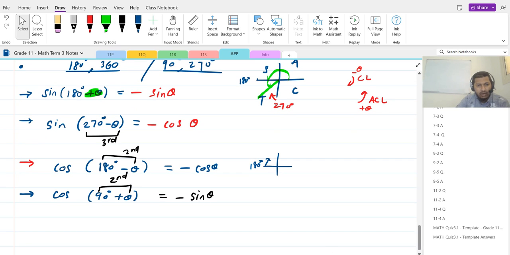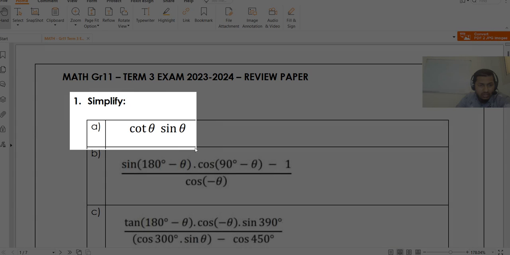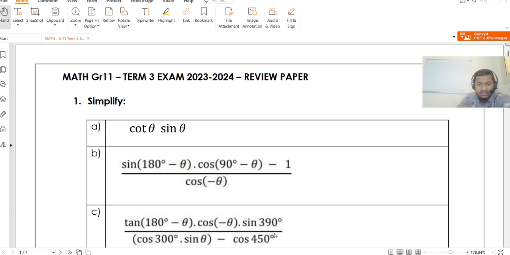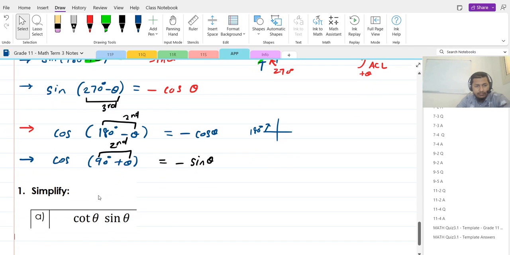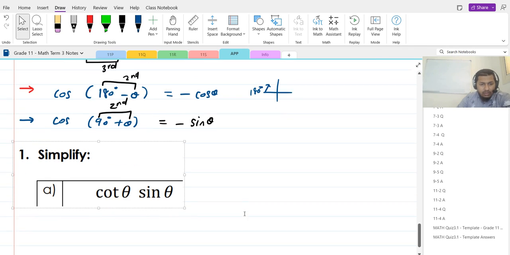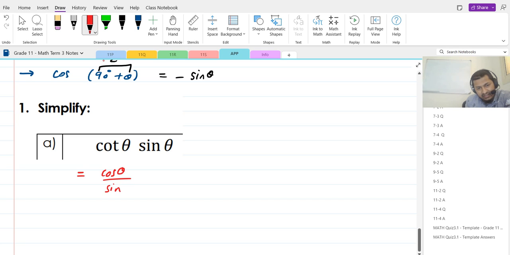And now we can go to the review paper and start solving these problems because we've done enough. Let's look at question 1a, simplify. When we're simplifying these problems, what is cot theta? As I explained before, cot theta is cos theta over sine theta, because it's the reciprocal ratio of tan.